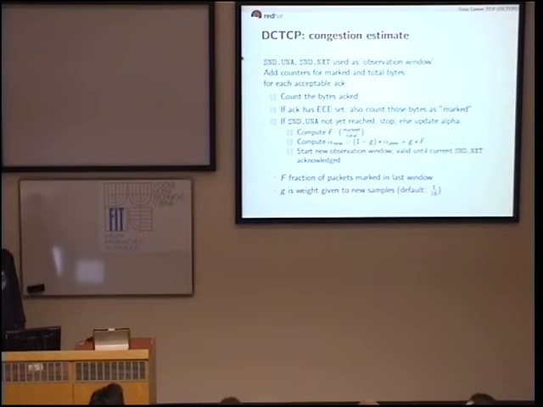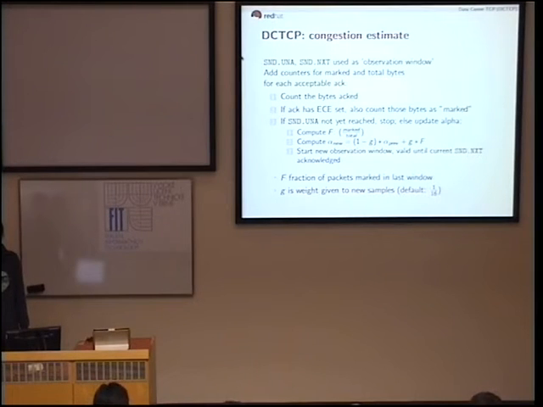And it has counters for marked and for total bytes. For every acknowledgement that you receive, you will check if this ECE flag is set, that is, if the peer says it got marked by a switch. If it has, you will count it in both the total count and in the special marked counter. And if it's not ECE marked, then you will just count it in the total.